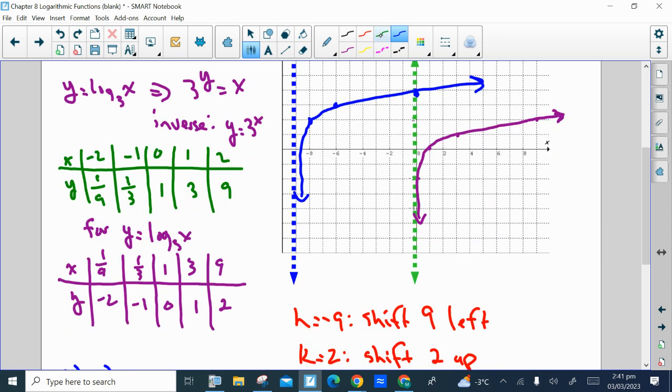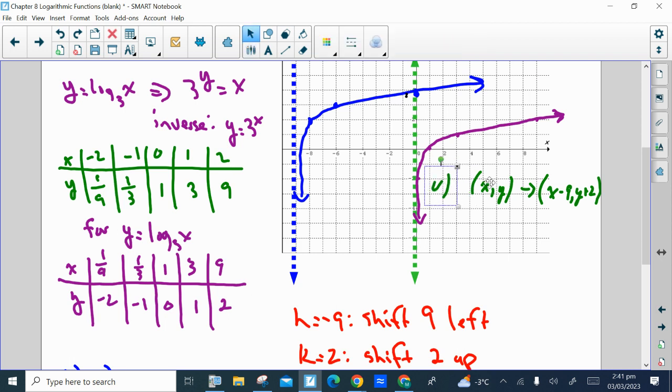So part B is our mapping notation. Again, we went 9 to the left. So you subtract 9 from all the x values and then up 2. So you'll add 2 to all the y values. There's the mapping notation. So don't forget about that format.